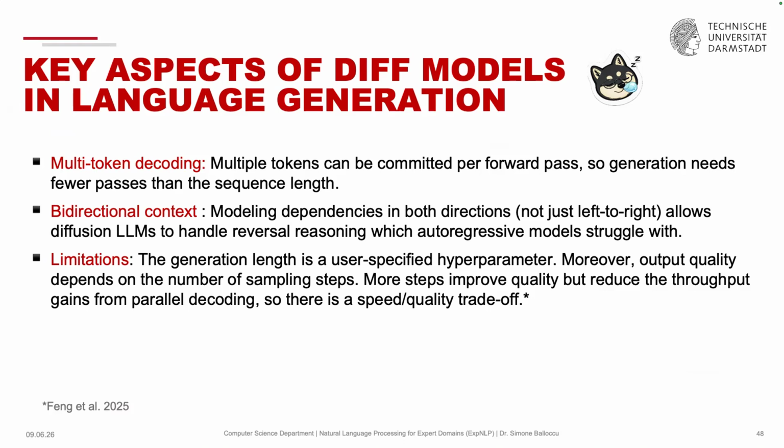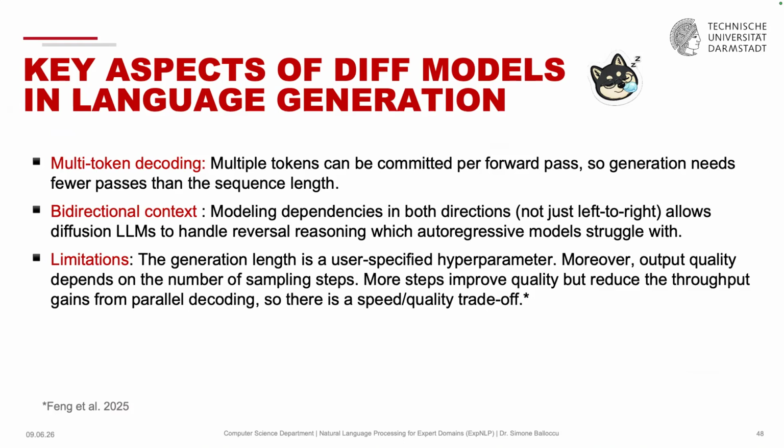I'll also have a demonstration of how diffusion LLMs work. I'll show it to you in a few seconds. You can see that sometimes the future tokens are generated and then the previous ones are generated. And there are also limitations. There are reasons that they are not the mainstream for NLP tasks these days. A huge limitation is that the generation length is a user-specified hyperparameter.